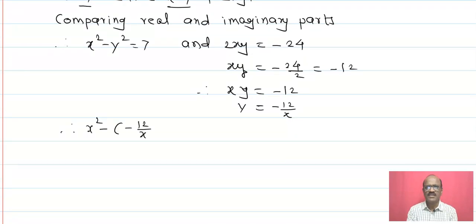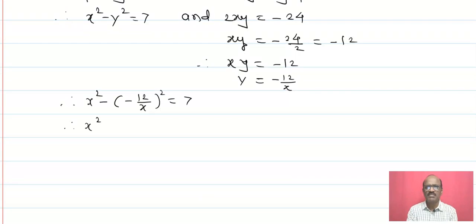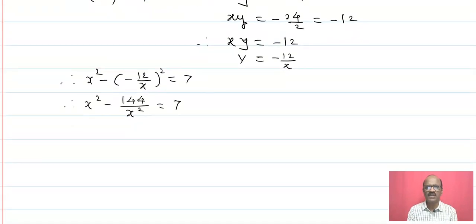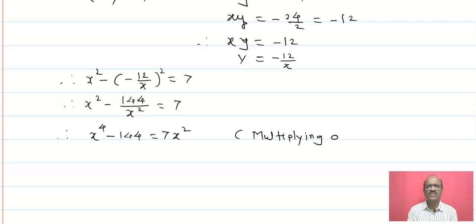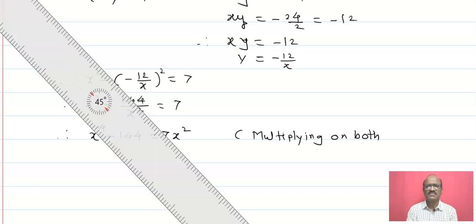Therefore x square minus (12 upon x) whole square is equal to 7, and the square of minus 12 upon x is 144 upon x square, so x square minus 144 upon x square is equal to 7. Now multiply on both sides by x square: it becomes x raised to 4 minus 144, since x square into 1 upon x square gets cancelled, is equal to 7 into x square.